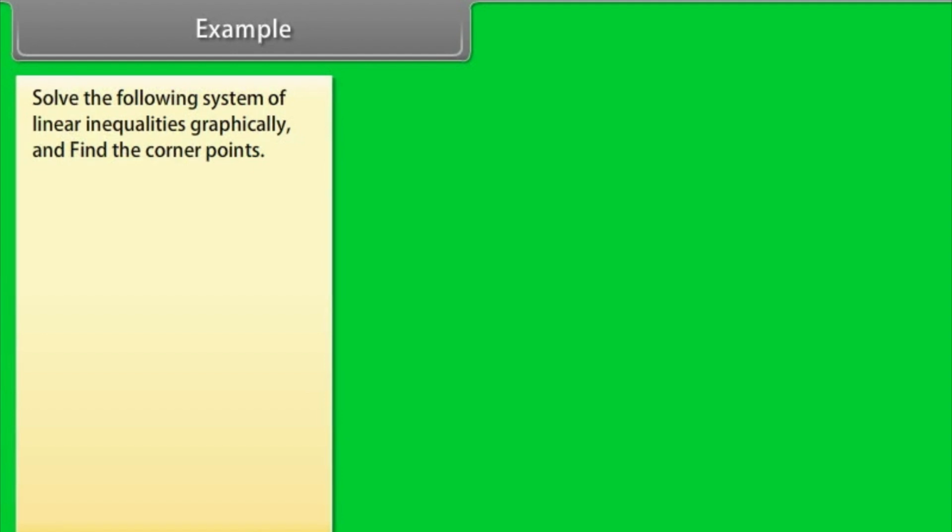Example: solve the following system of linear inequalities graphically and find the corner points. 2x plus y is less than or equal to 22. X plus y is less than or equal to 13. 2x plus 5y is less than or equal to 50. x is greater than or equal to 0. y is greater than or equal to 0.